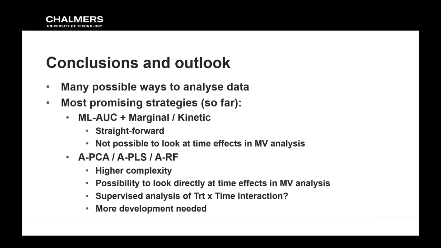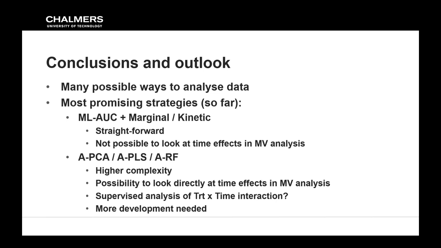So to try and wrap up these two approaches, there are many possible ways to analyze data, as we all know, and the most promising strategies that we've seen so far, at least in our group, is the multi-level analysis of AUC and then combining that with marginal modeling for kinetics. So it's straightforward, but the downside is that we cannot look at the time effects directly.